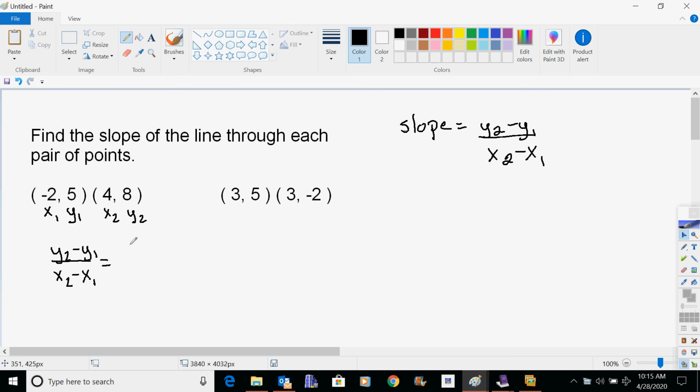You put the numbers right in there. 8 minus 5 over 4 minus negative 2.